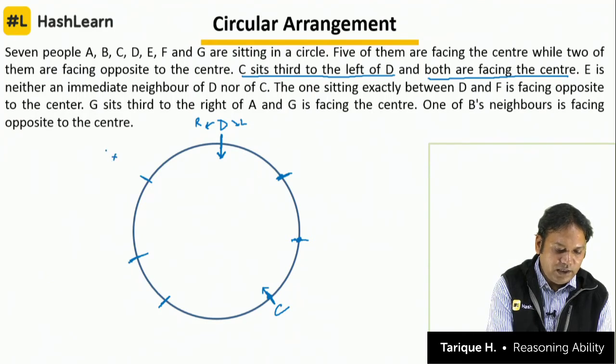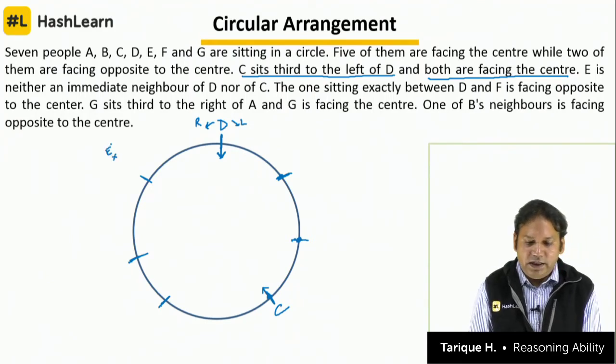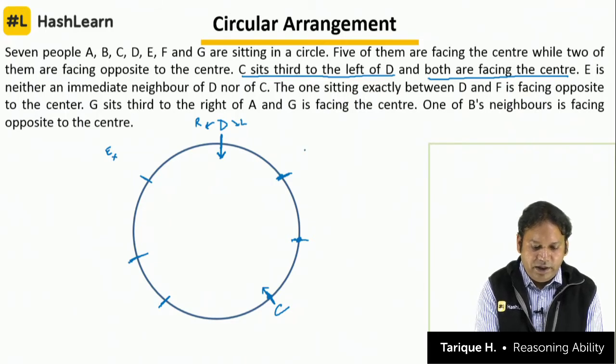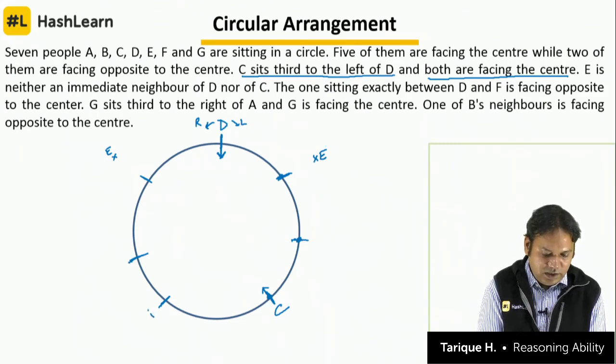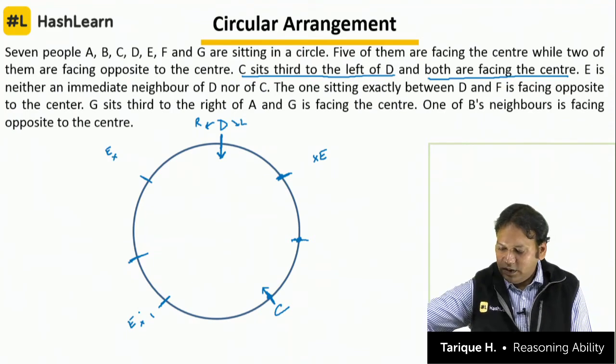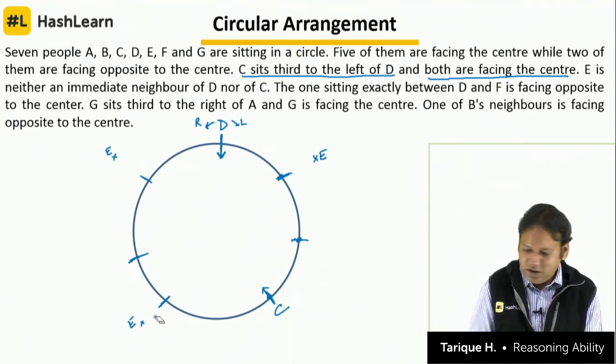Let us put a cross here, E will not be here. E is neither an immediate neighbor of D, so E is not in these two places, nor of C, so that means E can't be in this position also. Clear? So E cannot be in this position and E cannot be in this position.